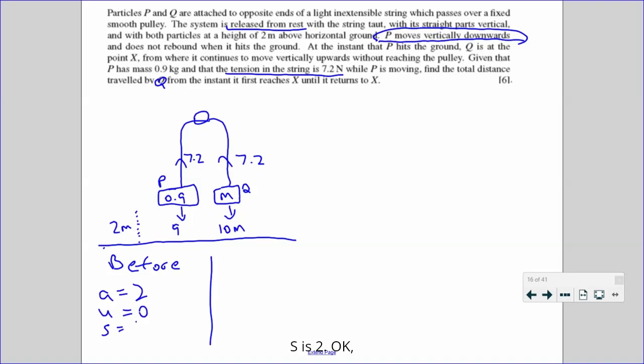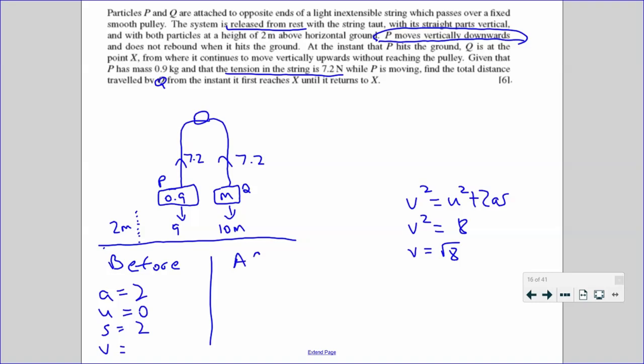Okay, we need to find v because v before is equal to u after, right? So we will do v square equals u square plus 2as. 2 times 2 times 2, 8. Okay, so after u is root 8, after hitting, tension finishes, so a will be minus 10.